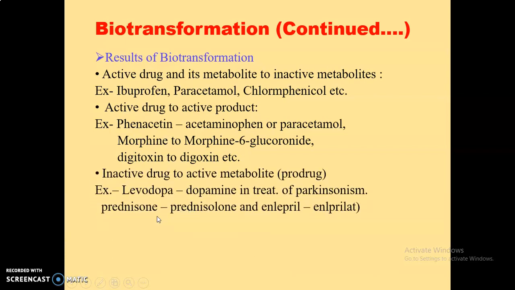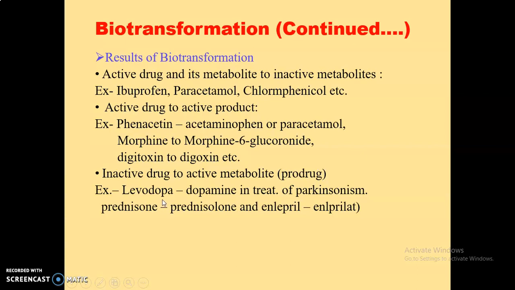Another result of biotransformation is inactive drug to active metabolite. Meaning in vitro, outside the body, the drug is in inactive form, but after administration it is converted into an active metabolite which is responsible for action.